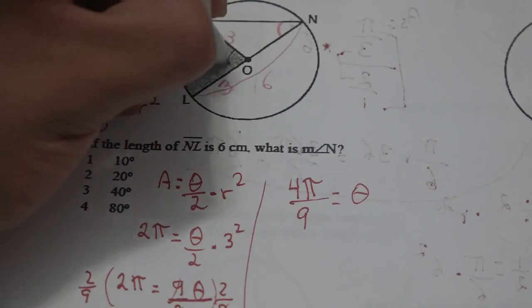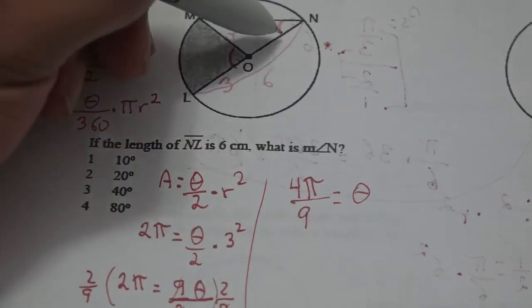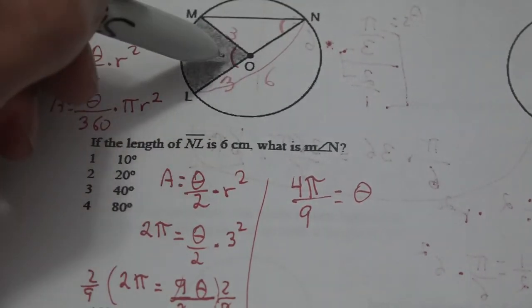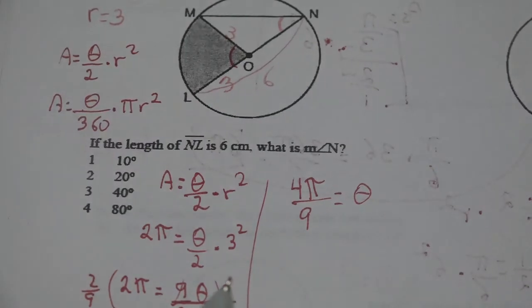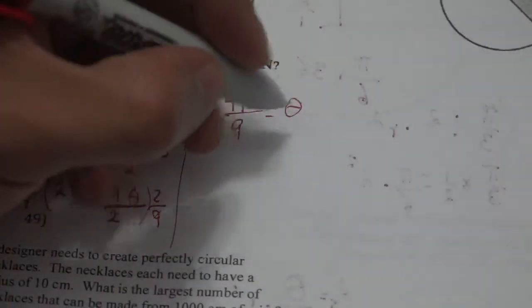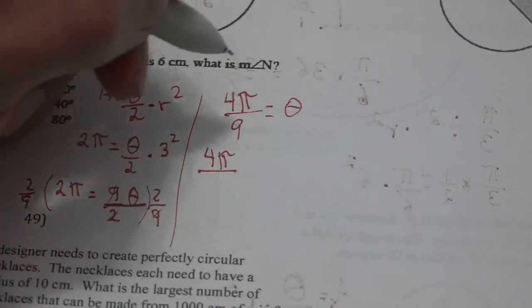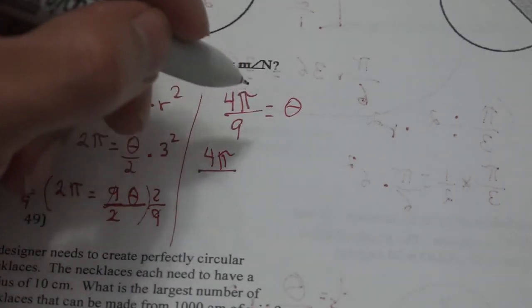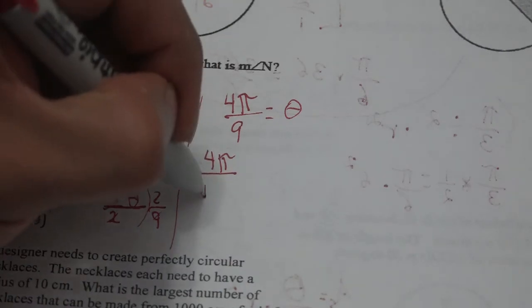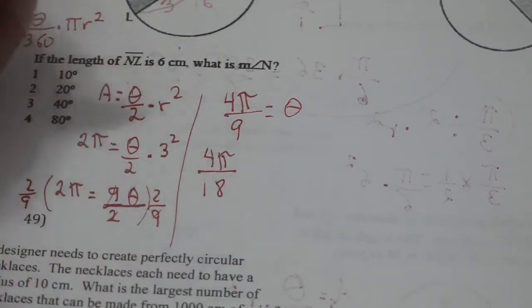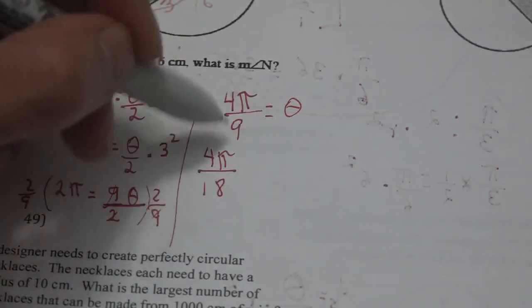And remember, this angle right here is half of that. So what is half of this? 4 pi over 18, because half of this will increase the denominator.